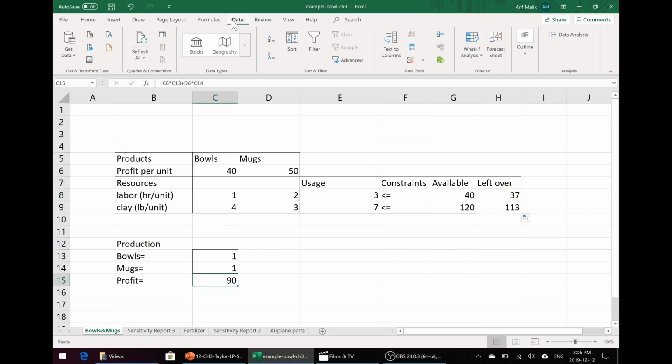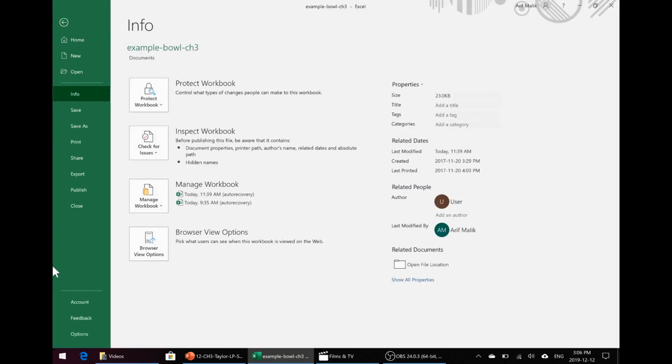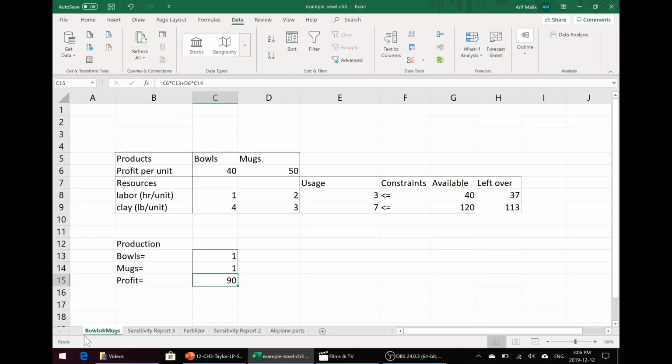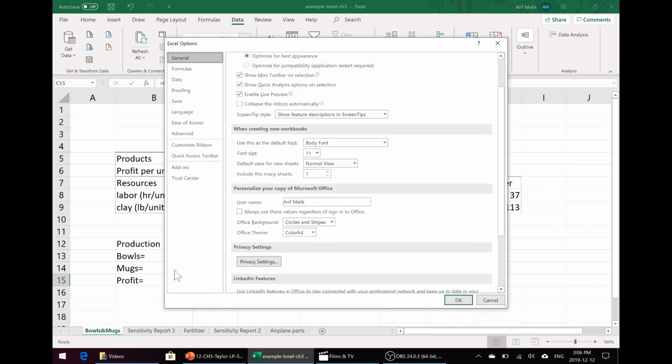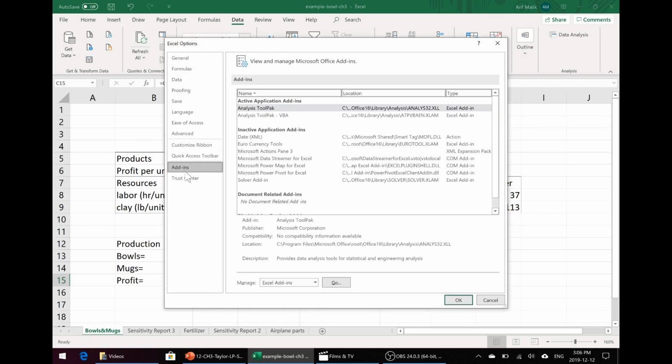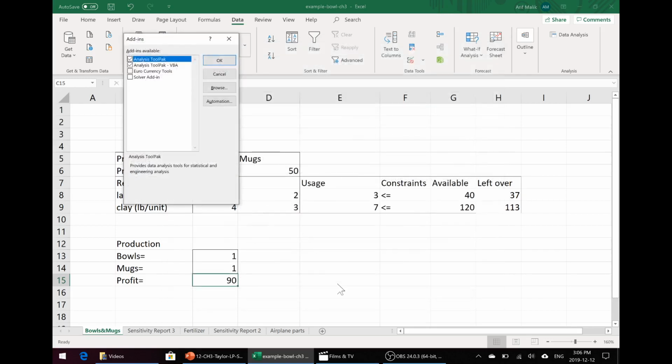We go to the data tab. We are already in the data tab, and we see that in the analysis we don't have Solver. So we go to File, then Options, then Add-ins, and in the add-ins we have Excel add-ins. We say Go, and here we have the Solver add-in.